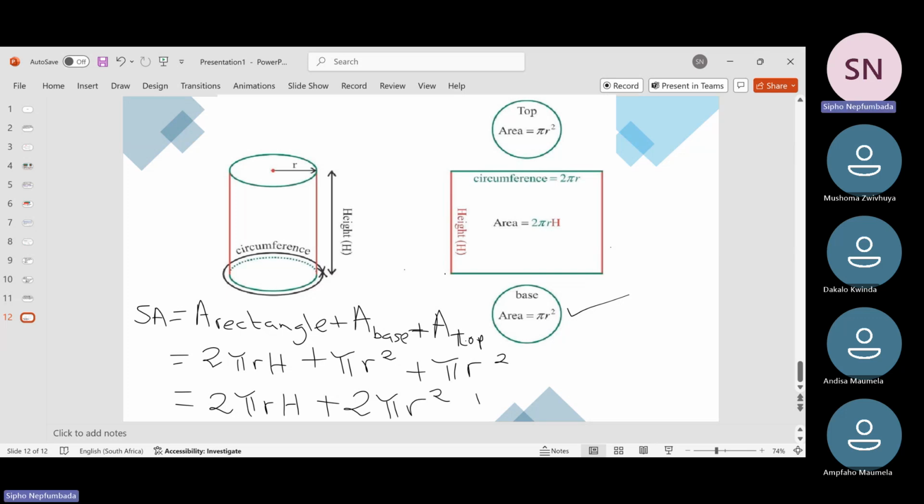So this is your formula. This is the formula of a closed cylinder, remember? We have to show you the one for a cylinder open on one end and the cylinder open on both ends. Are we still together?